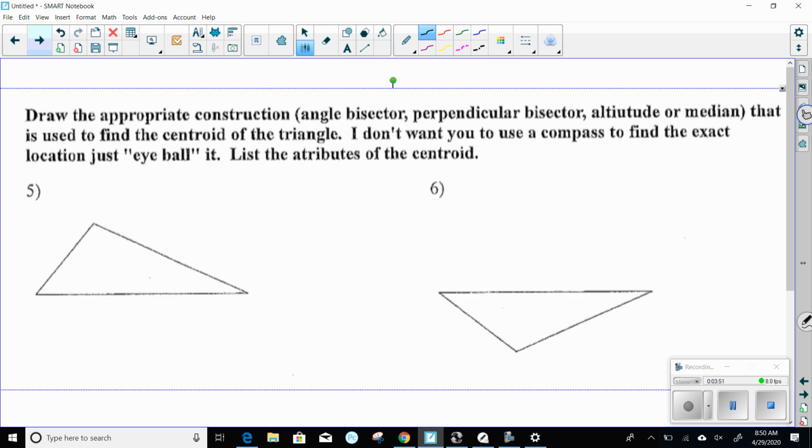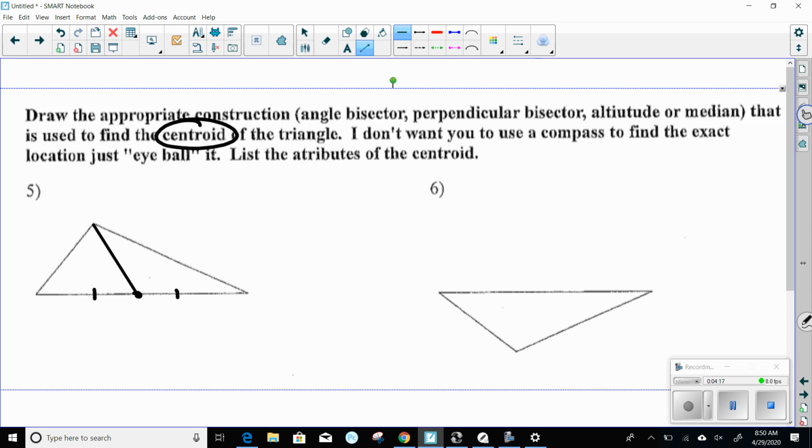Okay, the next one we're on now is we're going to find the centroid. So for the centroid, you draw all the medians. The median is, you find the midpoint of one side, and I'm just going to guesstimate here. I'm going to say that's the midpoint, so it cuts that in half. And all we do is go from the vertex to the midpoint of the opposite side.